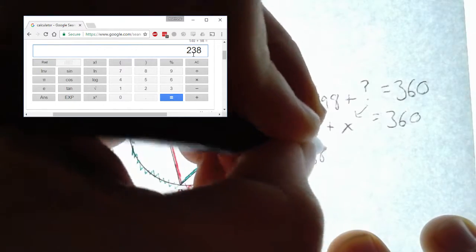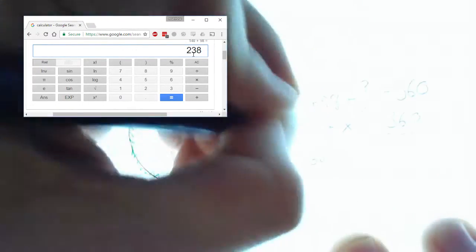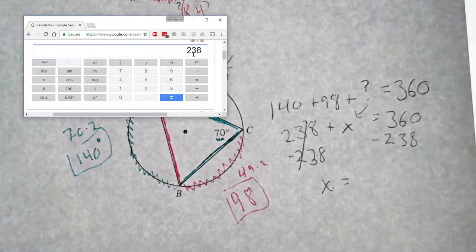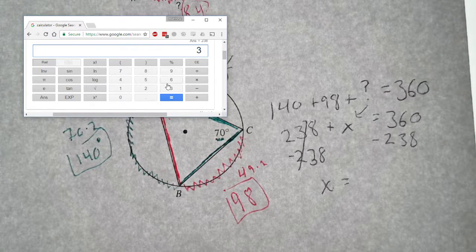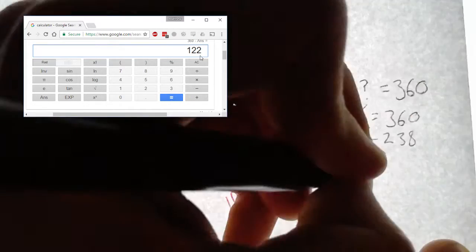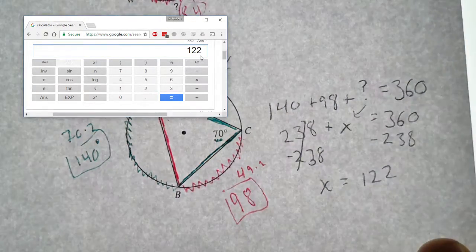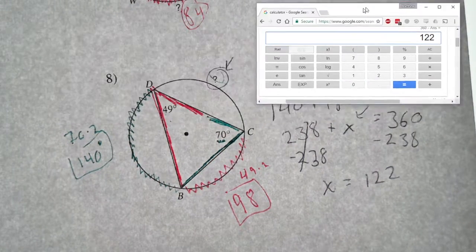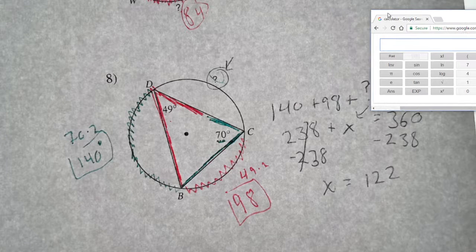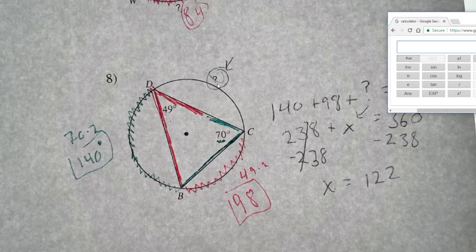Take away 238 from both sides, and x is equal to 360 minus my old answer, which was 238. And I found that the missing arc over there was 122, which is pretty cool because I didn't even have that inscribed angle over there.